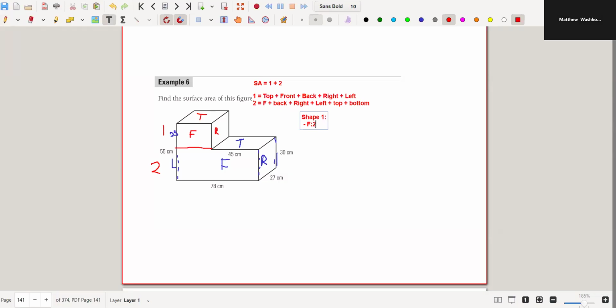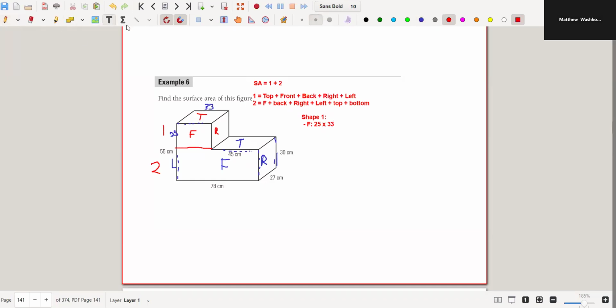So it's 25 times, how long's this part here? Well, if the whole thing's 78 and this part of it is 45, well, 78 minus 45 gives me 33. So very difficult to do, right?